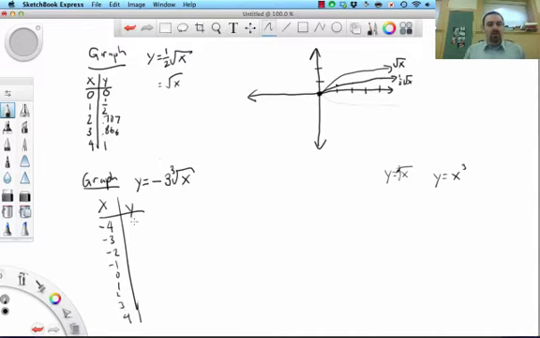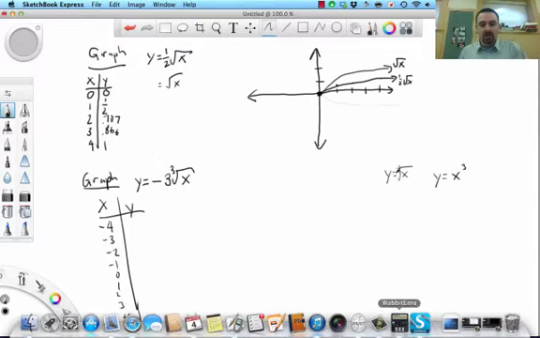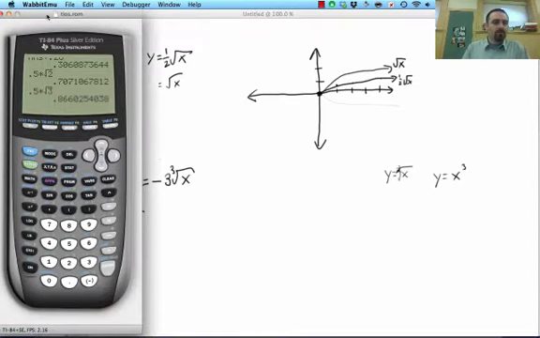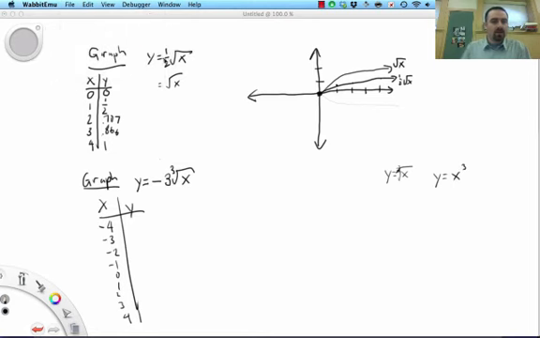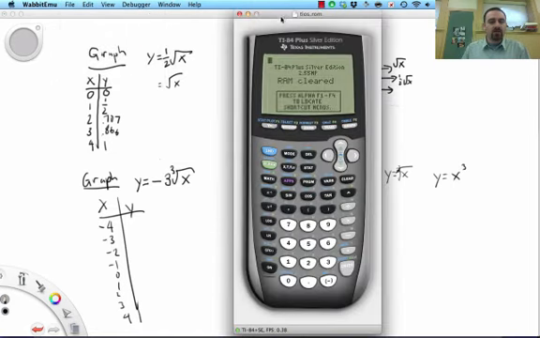Again, we're going to need our handy-dandy calculator. We want to use the calculator in this instance to help us with the calculation. I don't want to use it to help us with the actual graphing, because I want to do that by hand and use the calculator to verify it.